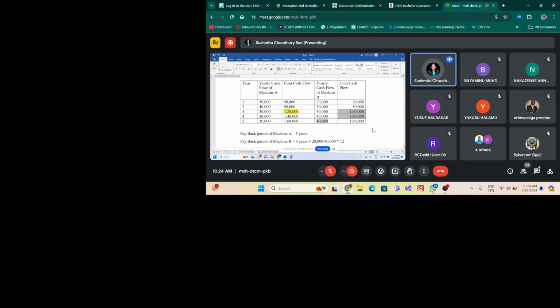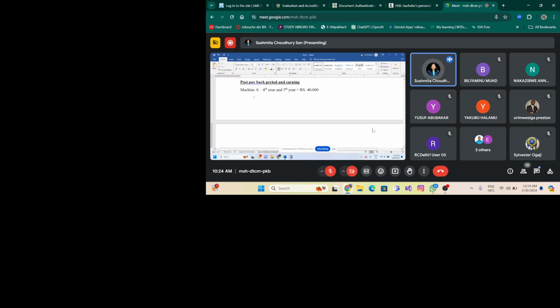The fifth year's 40,000 entirely will be post, but the 40,000 in the fourth year will be divided into pre and post, 50 and 50. So we can say the 6 months earning is 20,000 here in the fourth year, and the rest, the fifth year's earning with machine B, would be completely profit. So 20,000 plus 40,000, the post payback period earning is 60,000.